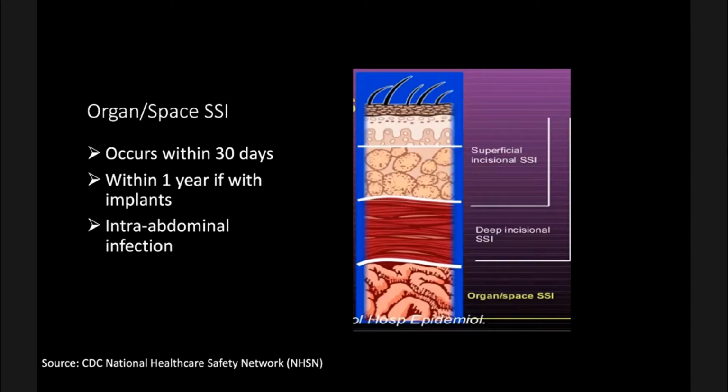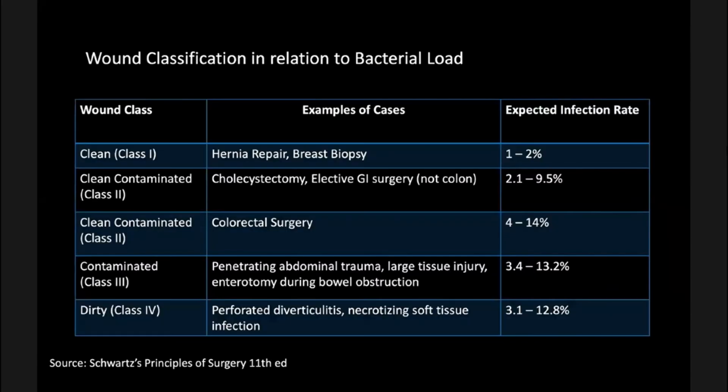While organ and space SSIs occur within 30 days as well, within 1 year if you have implants placed, like stents, mesh, and other prostheses or valves in the heart. One of the prime examples of organ or space SSI is intra-abdominal infection.